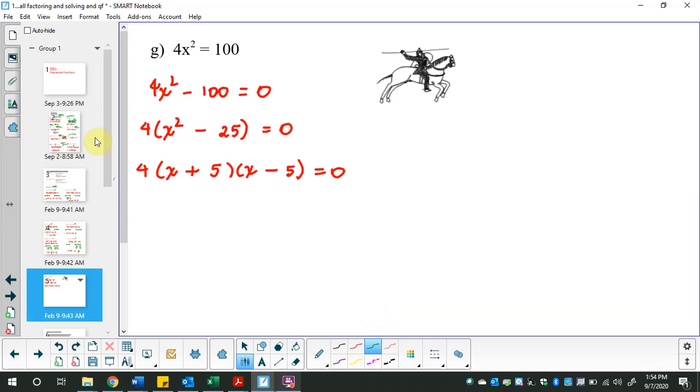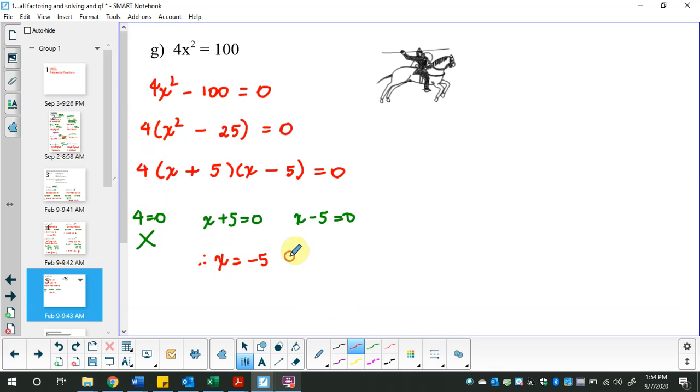So 4 equals 0, x plus 5 equals 0, x minus 5 equals 0. This is garbage. 4 does not equal 0. You can't solve for x because there is no x. This, we'll take the 5 across the equal sign.